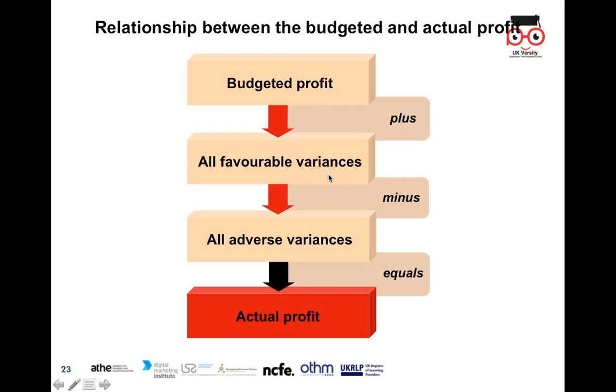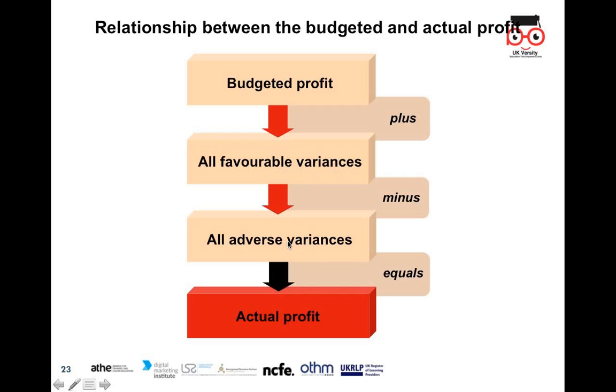So in our budgeted profit, we need an actual profit. So we need to identify the favorable variances and the adverse variances. As we said before, all kinds of cost, if increased, that's adverse, and all kinds of sales, revenue, income, and profit, if increased, that favors the business, that's a favorable variance.